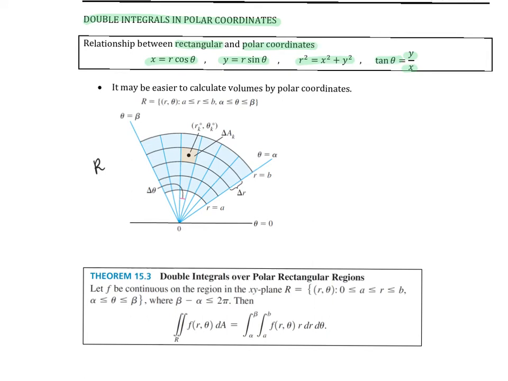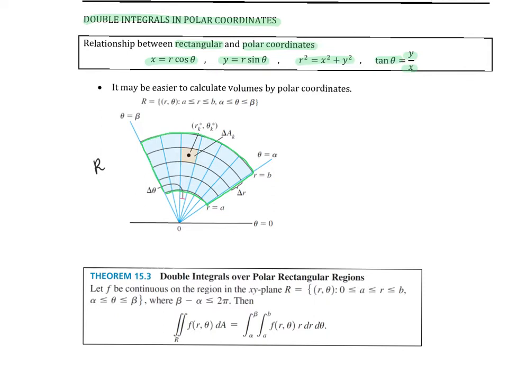Let's just suppose that we want to compute a volume, and we have this following region that's shaded. This is just a plane region, it's going to correspond to a surface z and will create a volume.